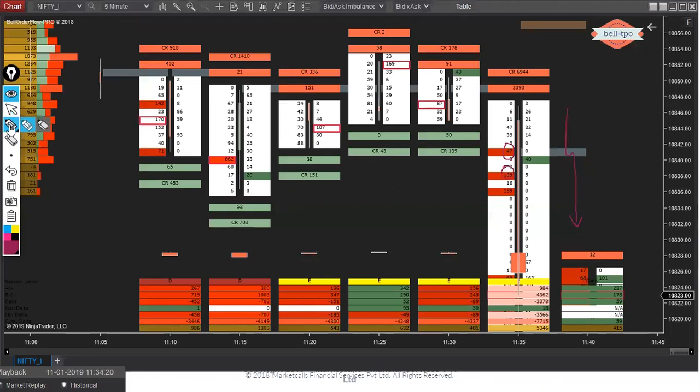But when institutions are present, you'll see momentum selling, and momentum selling, and momentum selling, with a bigger volume flow. You'll see like 1,500 sell orders in one candle, and in the next candle 1,600 or 1,700 sellers.